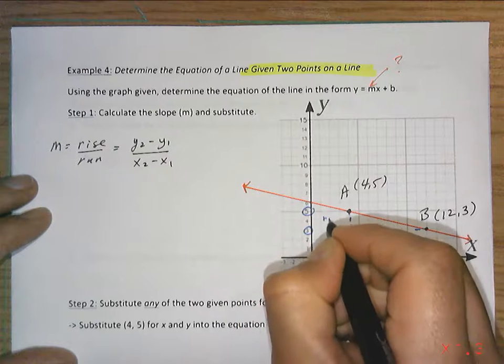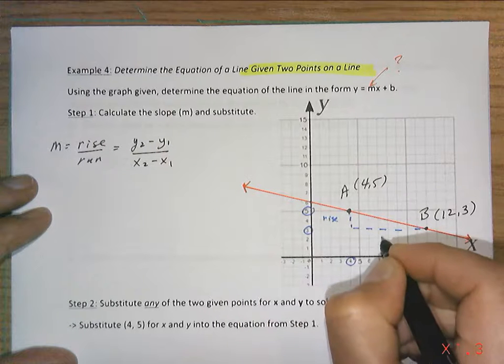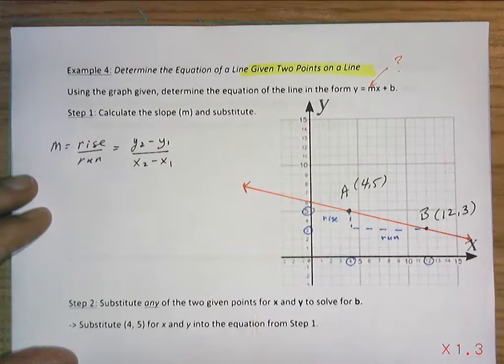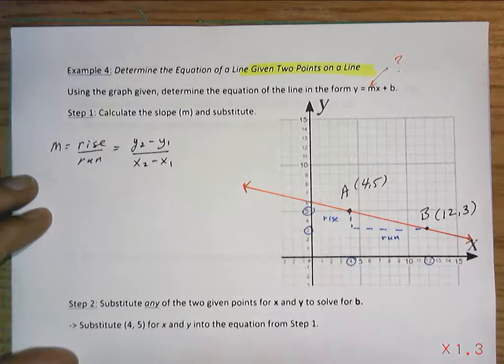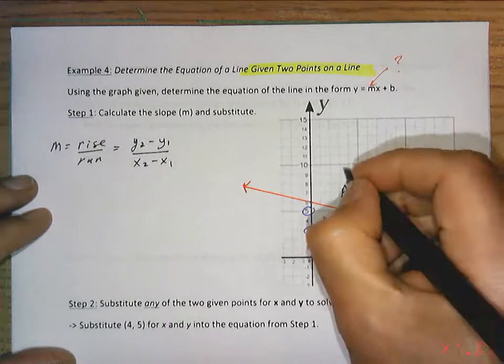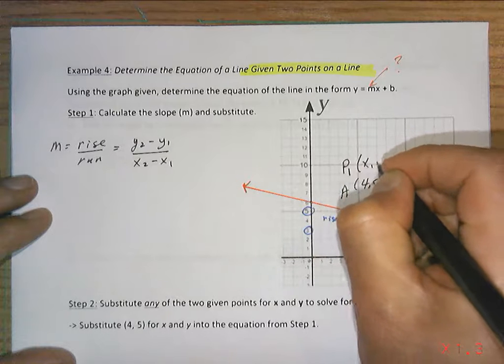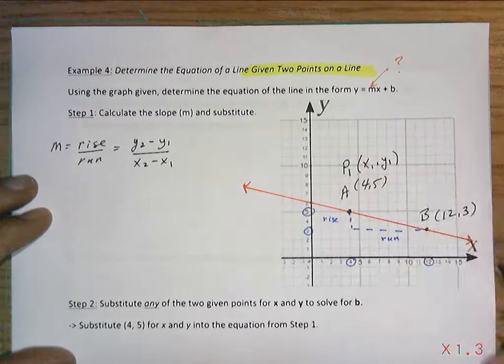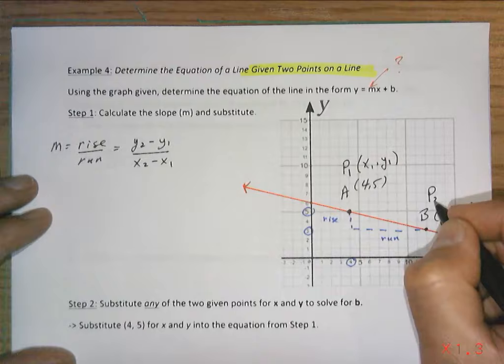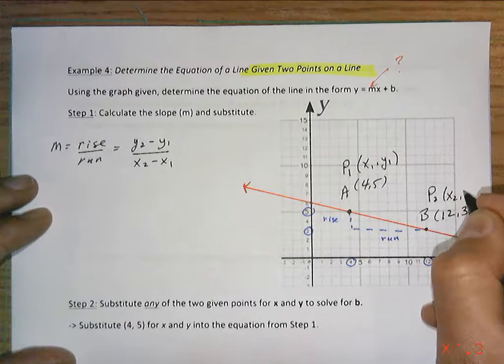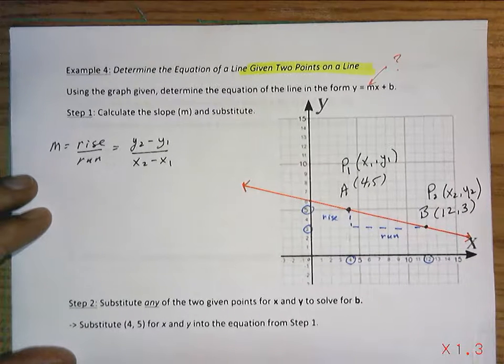So this is my rise, this is my run. So if I pick one of my points to be point 1 and pick another one of my points to be point 2, if I choose this to be point 1, then this would be x1, y1.